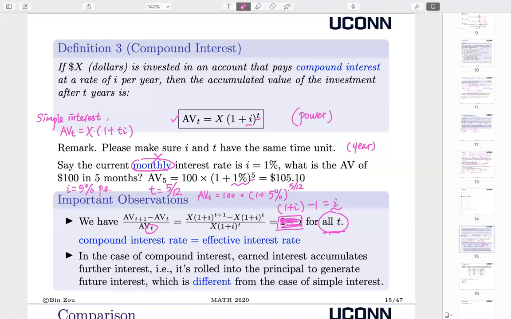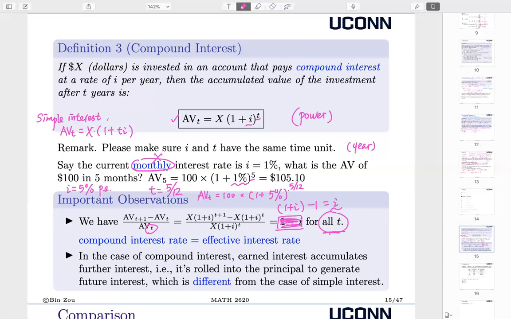The second one: in the case of compound interest, earned interest accumulates further interest. That is very, very different from the case of simple interest. Remember, in simple interest, only the principal part will earn interest. But in the case of compound interest, interest itself will earn future interest. So the ball is rolling at a much faster rate, because interest is rolled in, but in simple interest, interest is out.